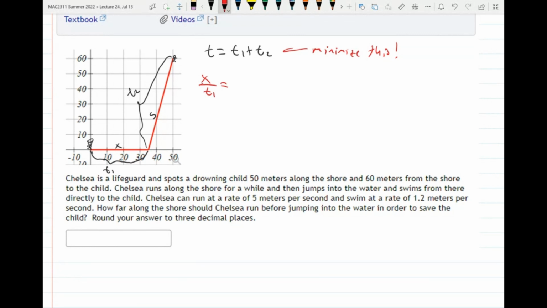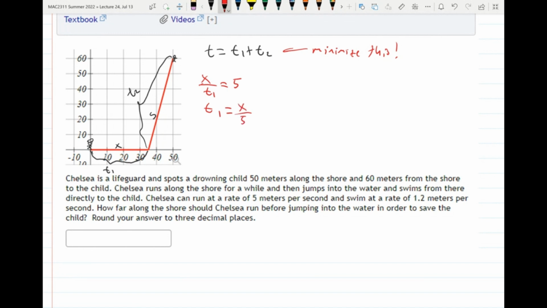This is the running speed. Remember, x is the distance traveled along the shore, and T1 is the time that it takes. If the speed is 5, that means the rate of distance over time is always 5. So from here we get that T1 is x over 5.